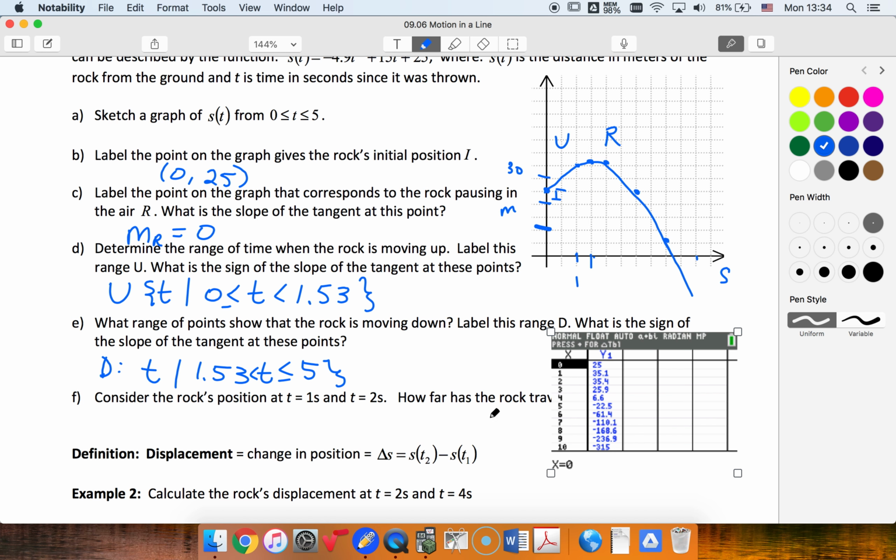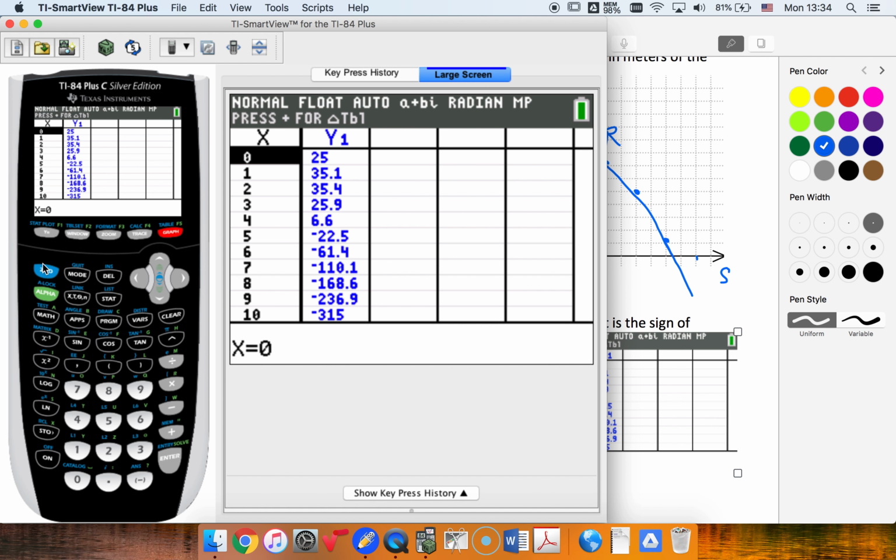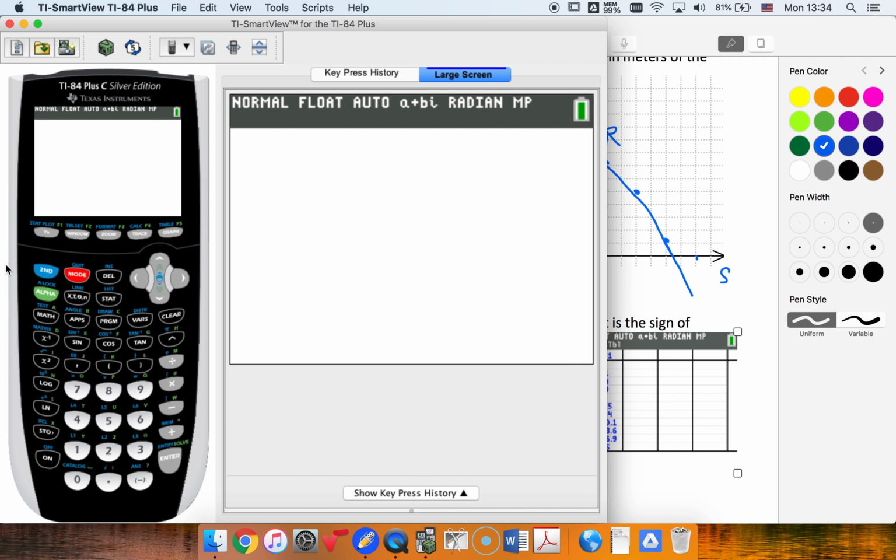But really, when we're thinking about how far the rock has traveled, we know that we've gone from 35.1 up to the max, and then from the max down to 35.4. We had calculated our maximum, so that should be stored in our y variable. If we say alpha y, let's see what happens. There's my actual maximum value.